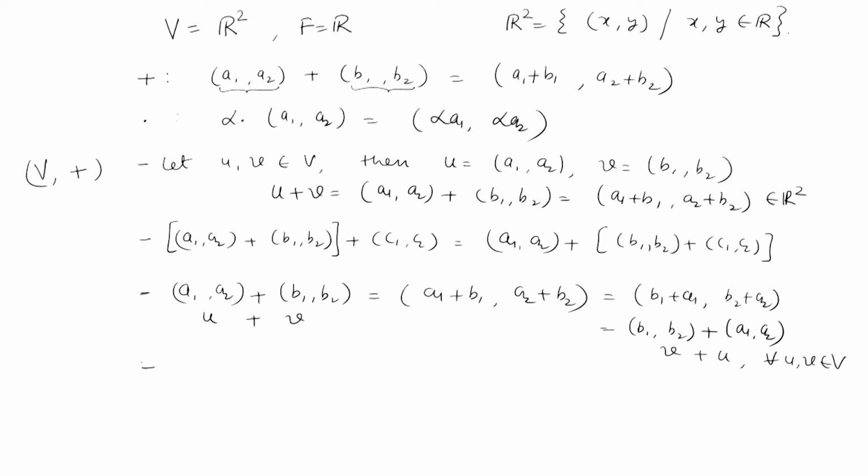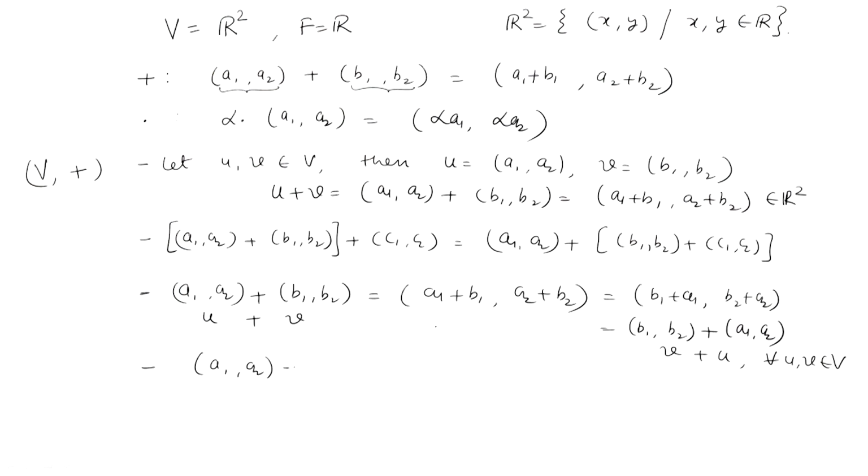Now, if you talk about the existence of the identity element, you can simply see that if you add 0 0 to any element, we will get the element itself. If you take any A1 A2 and add 0 0, you will get A1 A2, and it is true for all A1 A2 in R2.